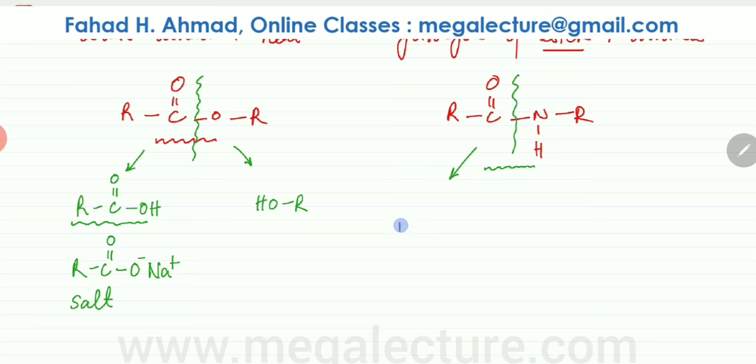This side, the RC double bond O, will change into a carboxylic acid. This OH group is going to get attached. And again, it's alkaline conditions, so this carboxylic acid would eventually change into a salt of the carboxylic acid because it's going to react with the alkali, with the NaOH.